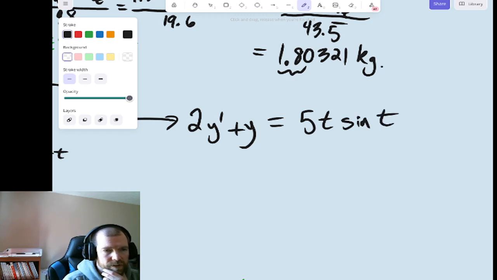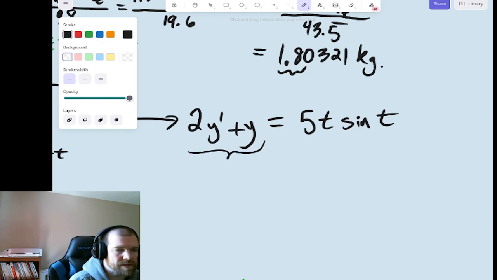So if we were to look at this, we could say, all right, I want my function here to be that, let's see, you multiply on an integrating factor to make this work.